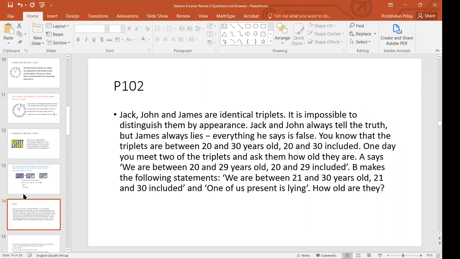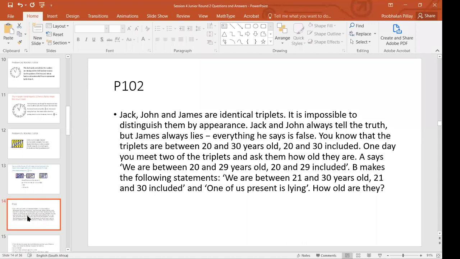I've chosen problems from my book, and I've selected problems which I thought were nice, interesting problems, which don't involve too much mathematics, but just pure common sense and logic. Ultimately, mathematics is all about how good you are at thinking.